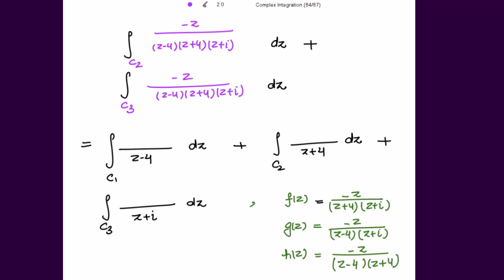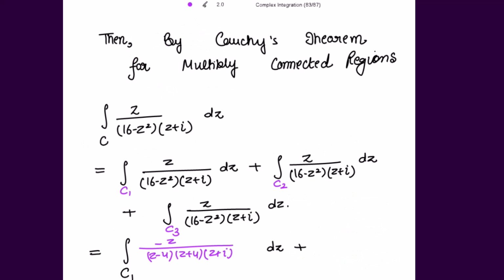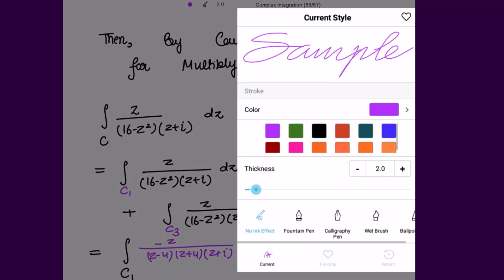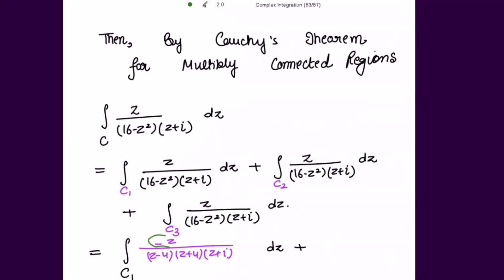In the first integral, because it is over C1 and z equal to 4 lies inside C1, we take f(z) to be minus z over (z plus 4)(z plus i).